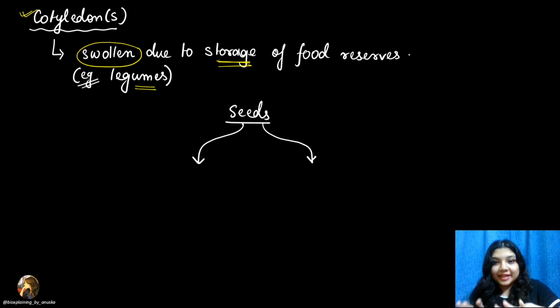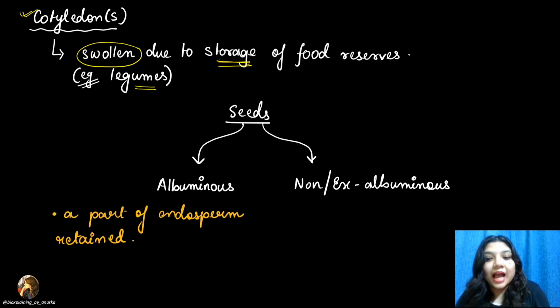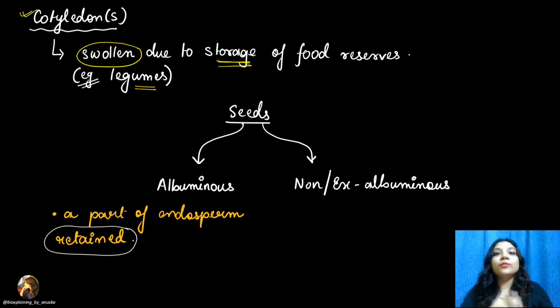Now, depending on the presence or absence of the endosperm, seeds can be categorized into two types. What are they? One is albuminous, another is non-albuminous or ex-albuminous. Okay? So what is albuminous? Albuminous is where a part of the endosperm is retained. What did we study in the last video?